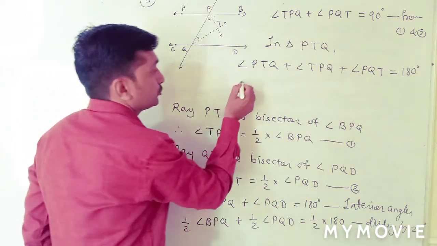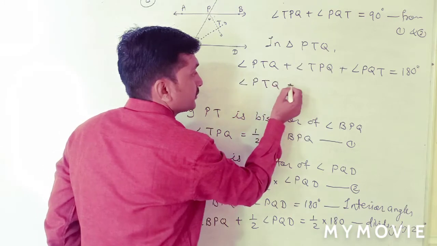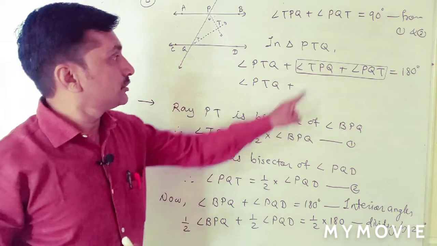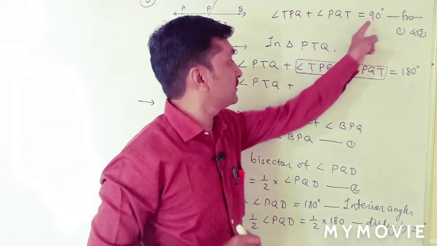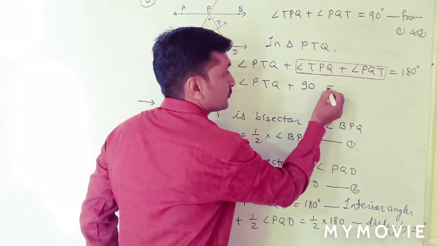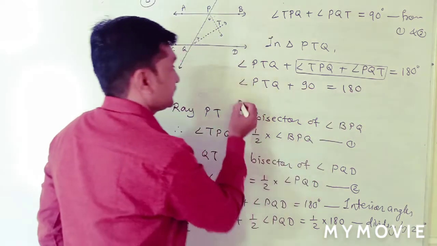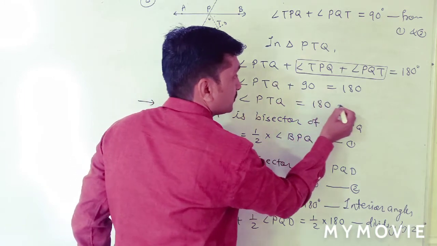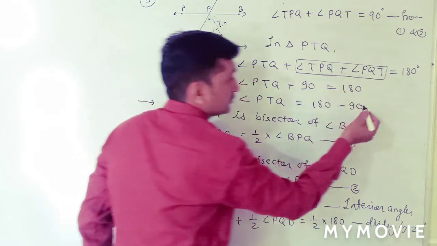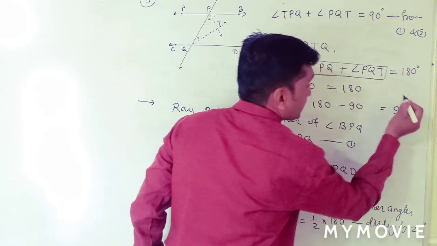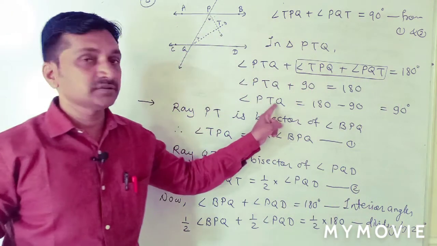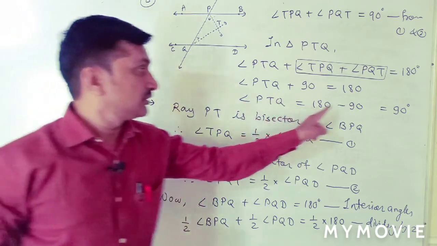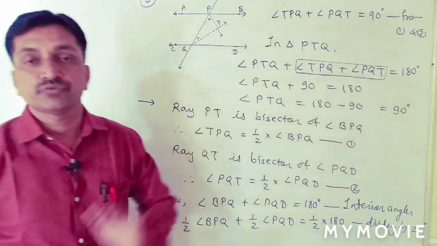Now put the value: angle PTQ plus the sum of these two, TPQ plus PQT, which is 90, is equal to 180, and angle PTQ is equal to 180 minus 90, which gives 90 degrees. And this is the last statement that we had to prove: angle PTQ is equal to 90 degrees. In this way we proved it.